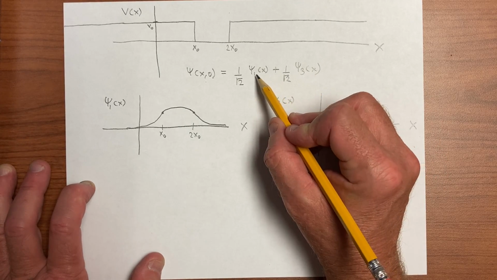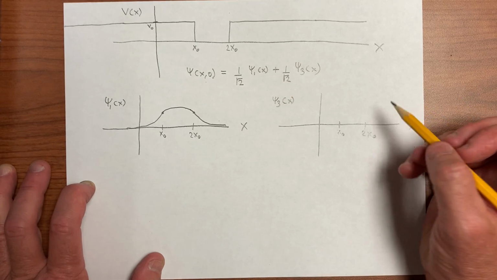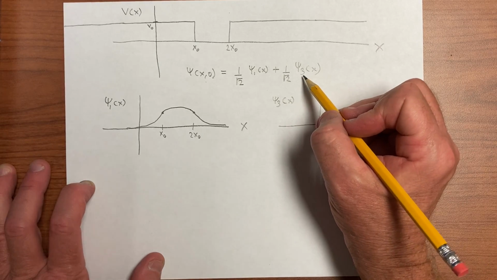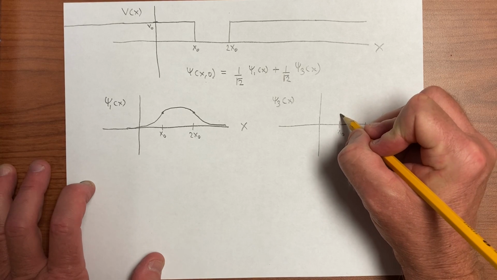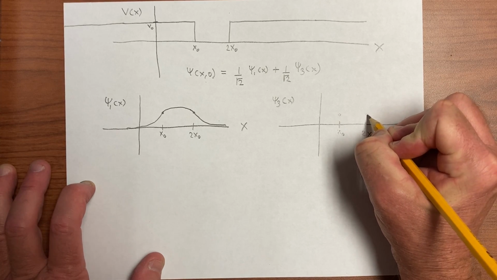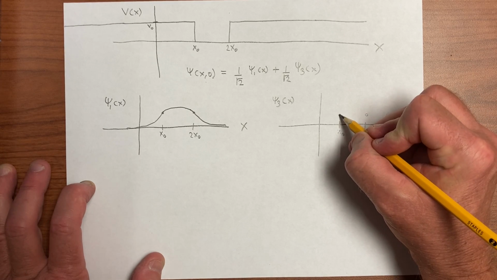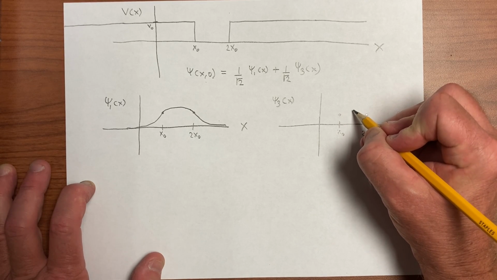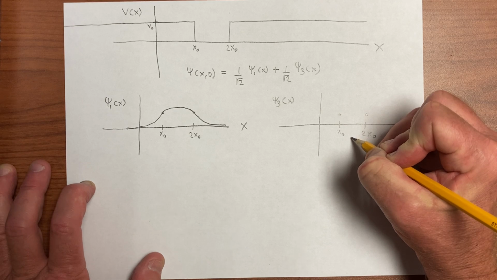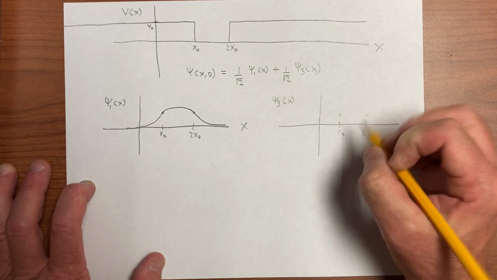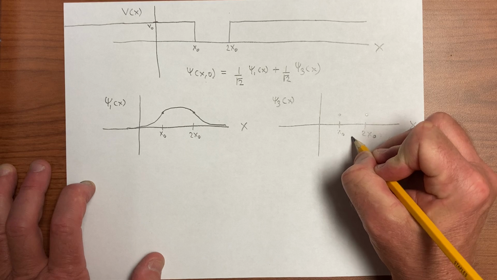One node for psi 2 of x and 2 nodes for psi 3 of x, even function, right? So we have to come to the same point. If we choose positive, then we're going to bend such that we come down to here at the midpoint.